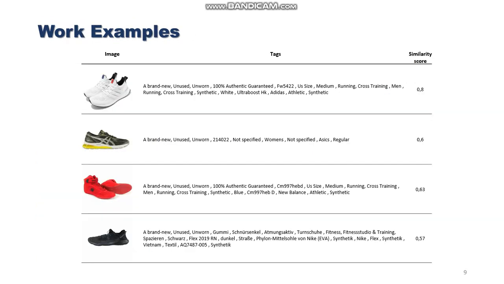So this is a work example. We have 4 examples, and the first shoes are very similar to our tag core.